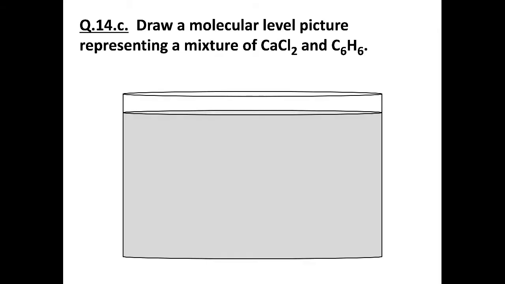Okay. Draw a molecular level picture representing a mixture of calcium chloride and benzene, C6H6. This we should be able to do. Benzene is a molecular compound. It's going to be very nonpolar, a 6-membered carbon ring. Calcium chloride is an ionic compound, positive ion Ca2+, and 2 negative ions Cl- and Cl-.